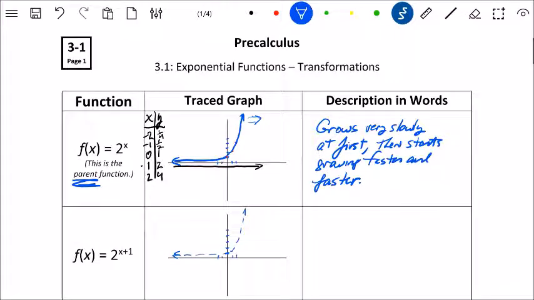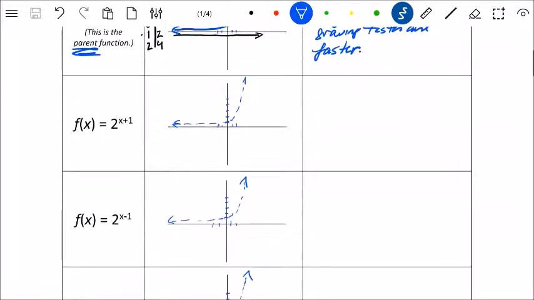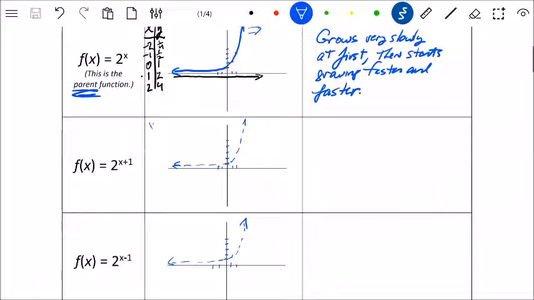Now we're going to look at transformations of it. We'll start off with where we have an x plus 1 in the exponent. I'm going to show the difference for that by putting it in a simple x-y table. So now it needs to be a -1 up here. 2 to the -1 plus 1 is 2 to the 0, which is a 1.